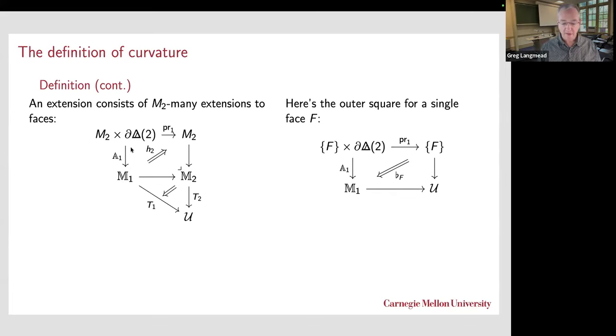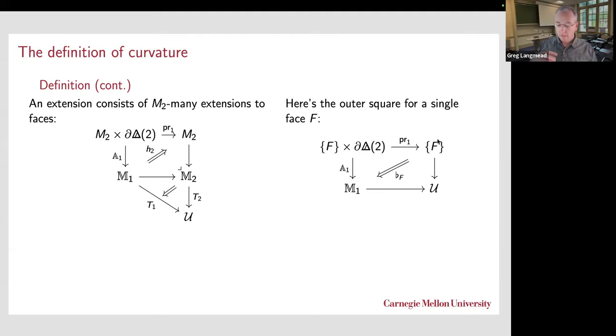Looking at just one face and the outer square of this on the right, the fact that this is filled, which all comes from the fact that we extended T1 to T2, is saying that the type family around this triangular face is contractible to the type family on this one hub point.